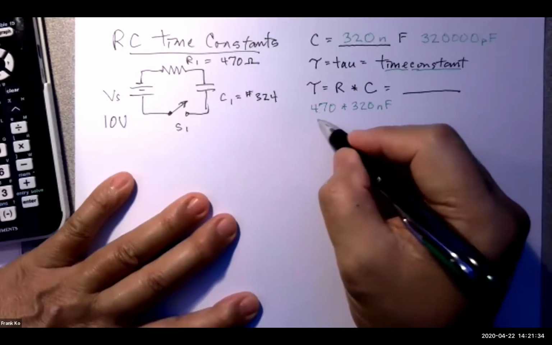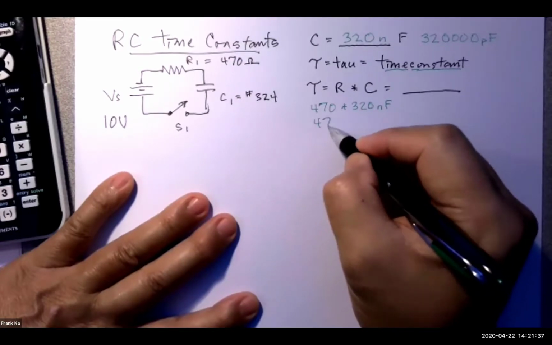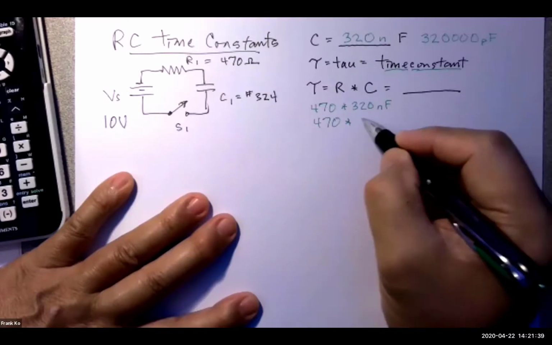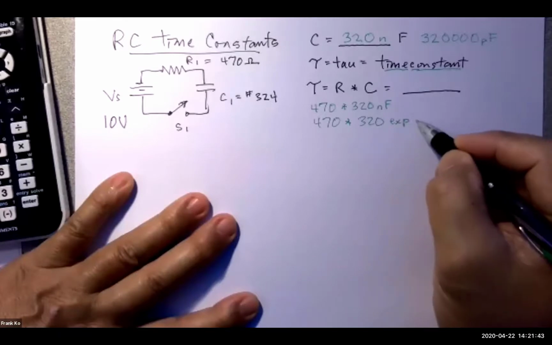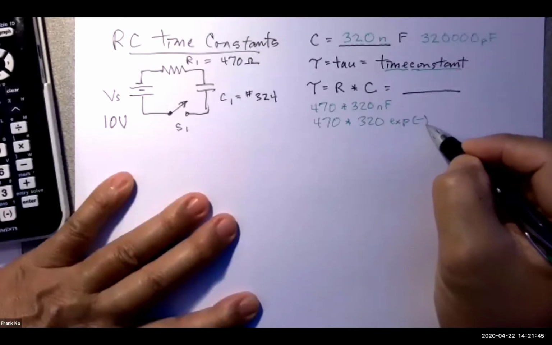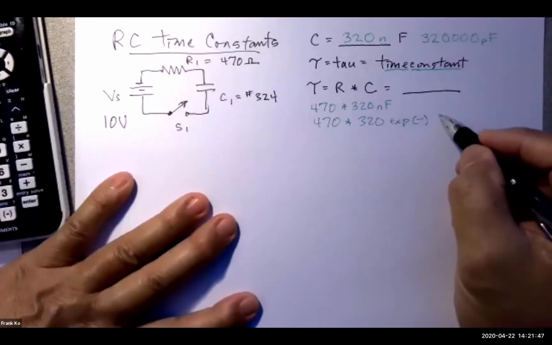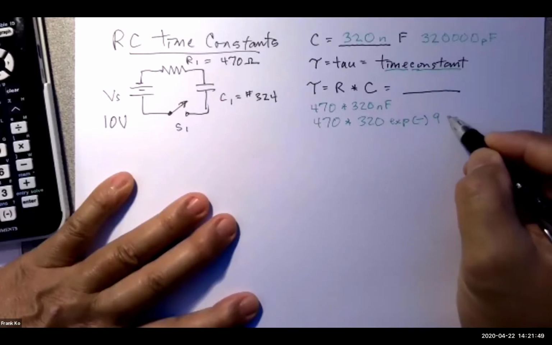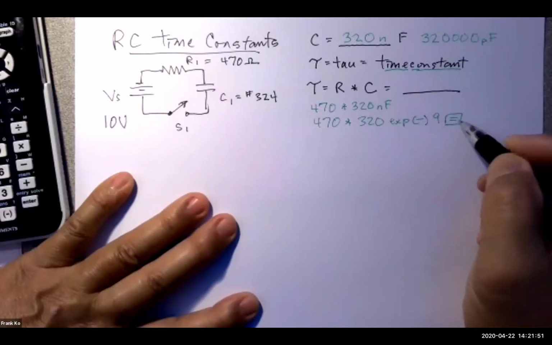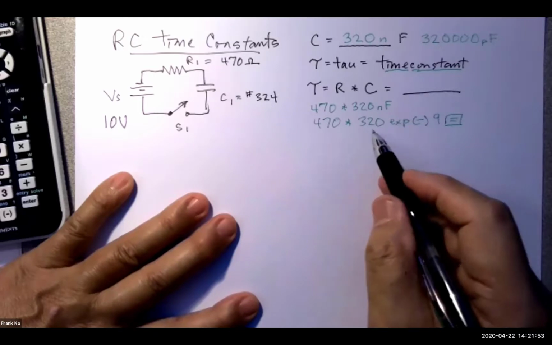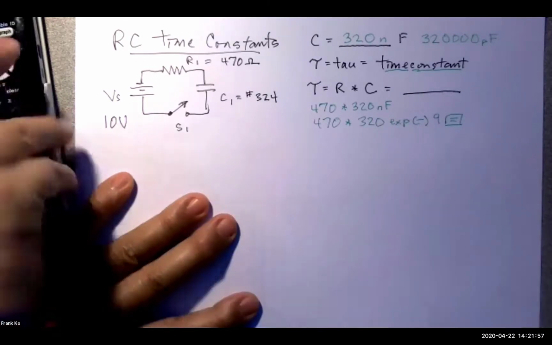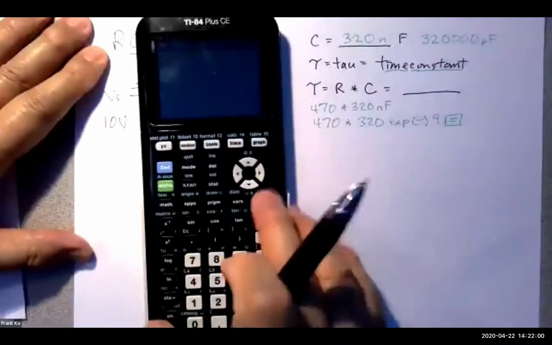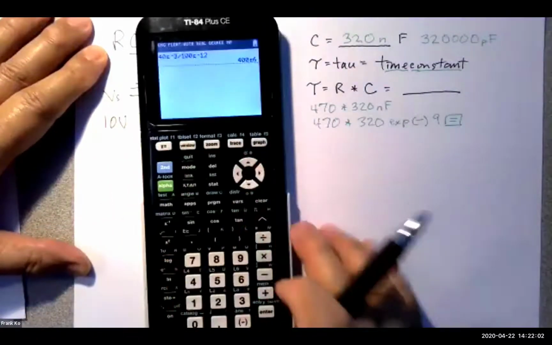So the keystroke sequence is 470 times 320 exponent negative 9 equals. Let me do this with you.